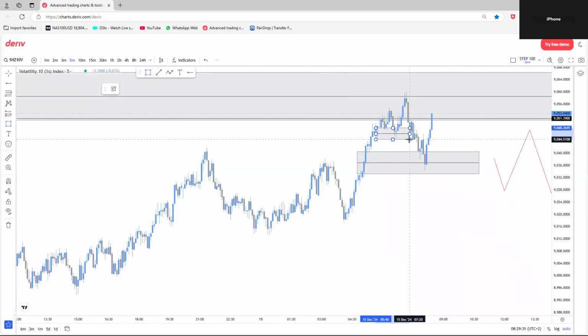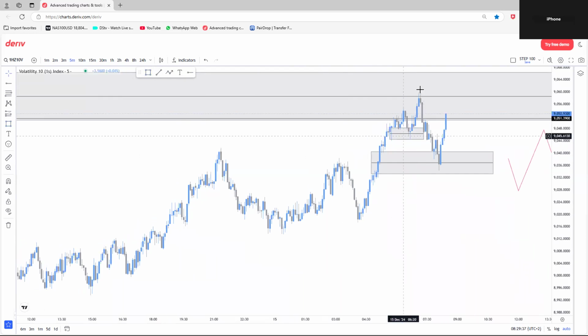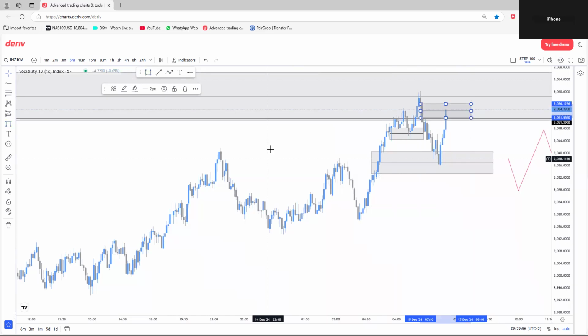They broke that order block after giving me this pullback here. They broke it with this candle. Above this candle, what's above here? The gap. So that's where they're going to start selling, by the way. I'm not flexing, I'm just showing you something.